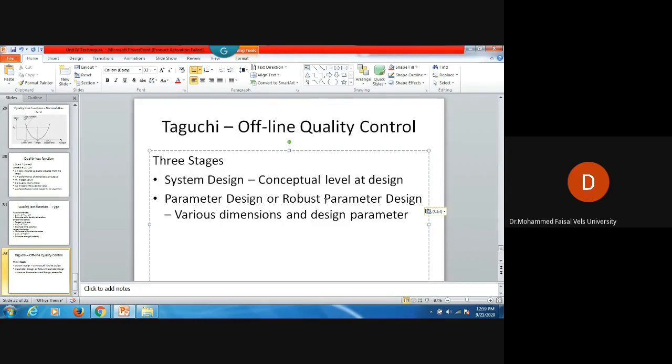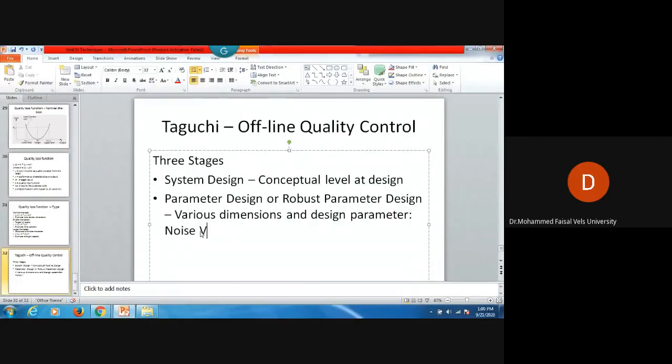Generally we call it a noise variable. Another important concept is called the signal by noise ratio.